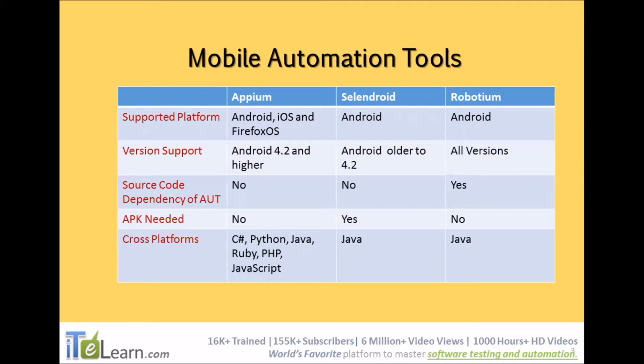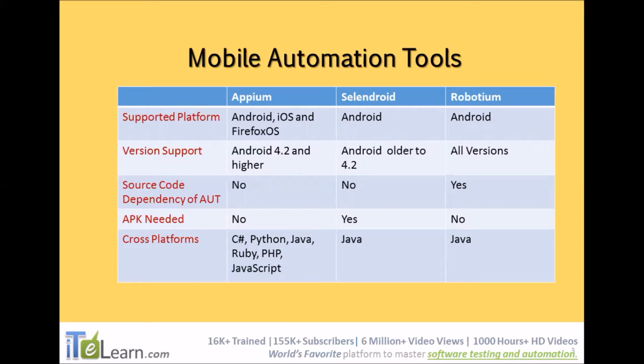If I go one by one, there are three frameworks listed as columns: Appium, Selendroid, and Robotium. I will be comparing these frameworks based on some points which will help you evaluate why Appium is better than the other two frameworks, which are also open source in the market.